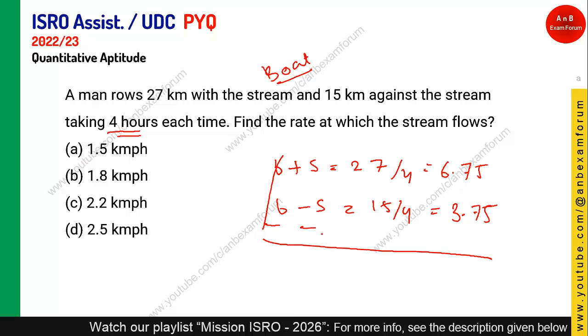If you subtract, B gets cancelled and it becomes 2S, which is equal to the subtraction of these numbers. So it becomes 3, so S is equal to 3 by 2, that is 1.5. Yeah, option A is the stream rate at which it is flowing.